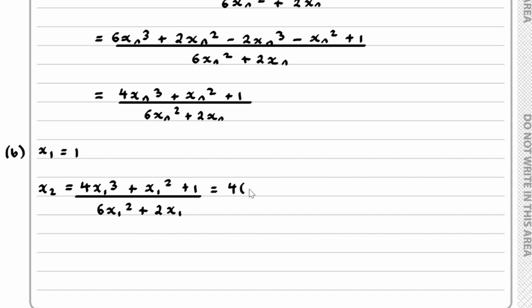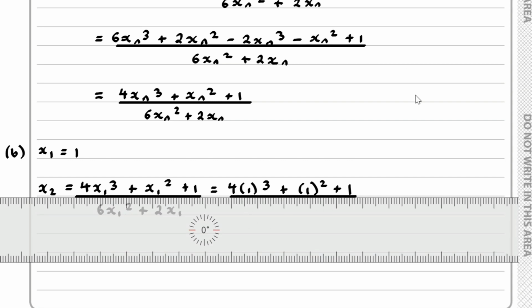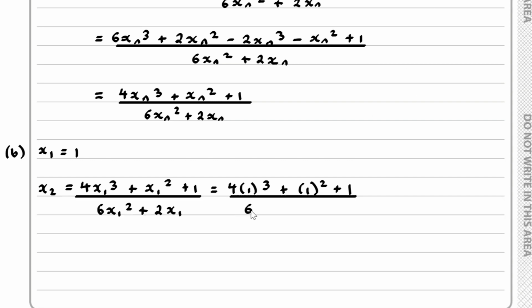So I've got 4 times 1 cubed plus 1 squared plus 1 divided by 6 times 1 squared plus 2 times 1. And if I work out what this is, if I write this as a decimal, we end up with 0.75.